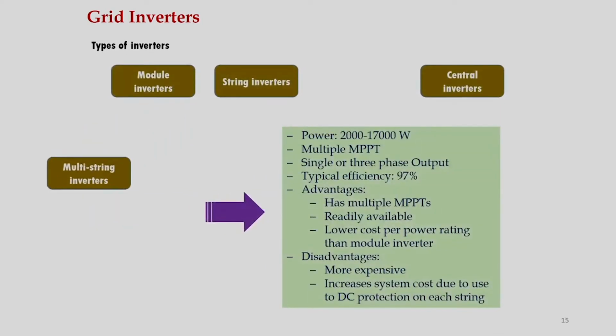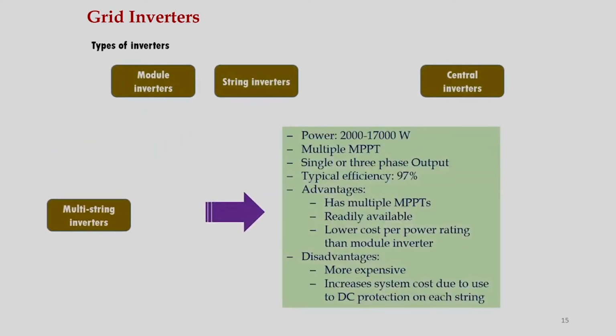Next inverter is the multi-string inverter. The power rating goes from 2000 to 17,000 watt, and multiple MPPTs are attached. It may be used for both single phase and 3 phase output, and efficiency is about 97%.